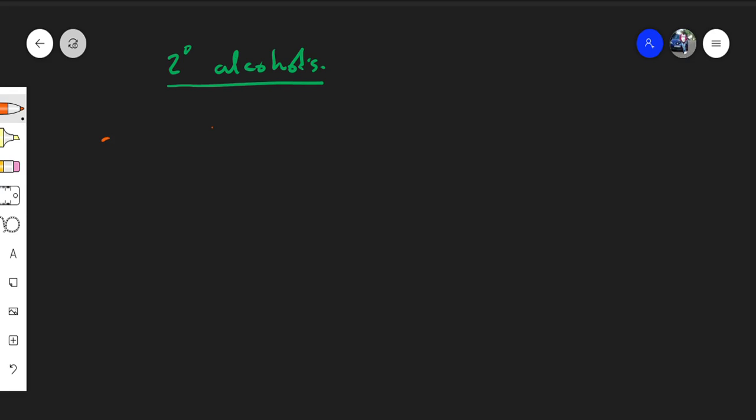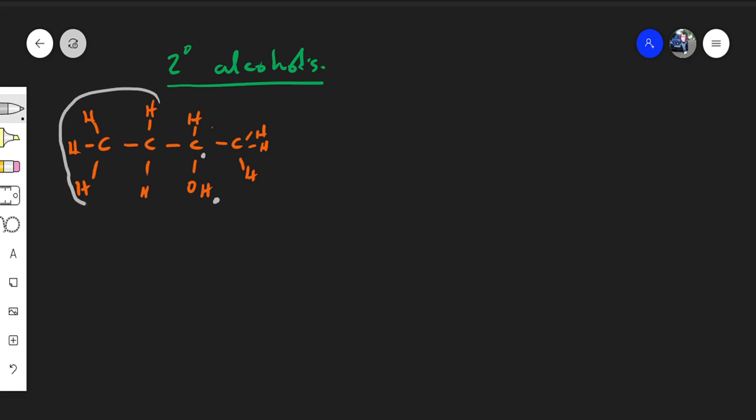Remember, the secondary alcohol is like this: the OH bonded to a carbon that is bonded to two other carbons, two alkyl groups.